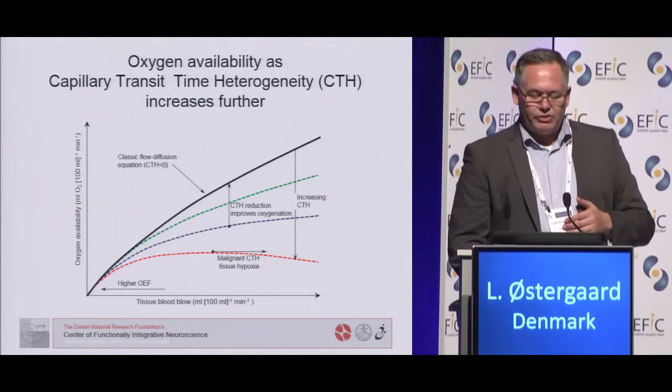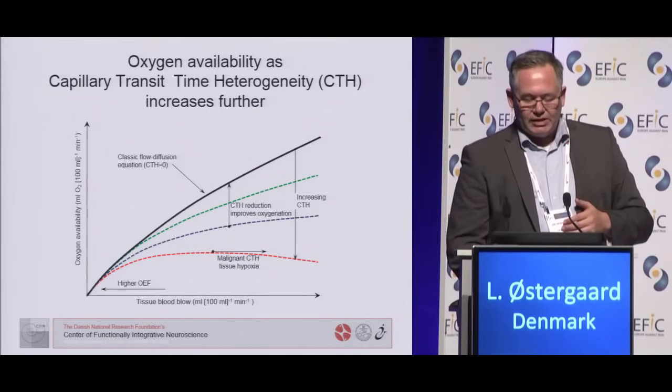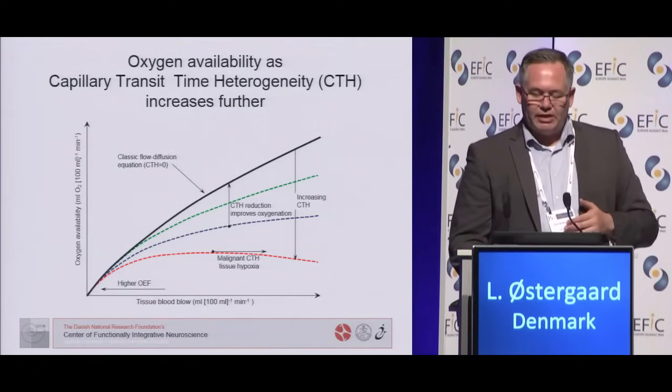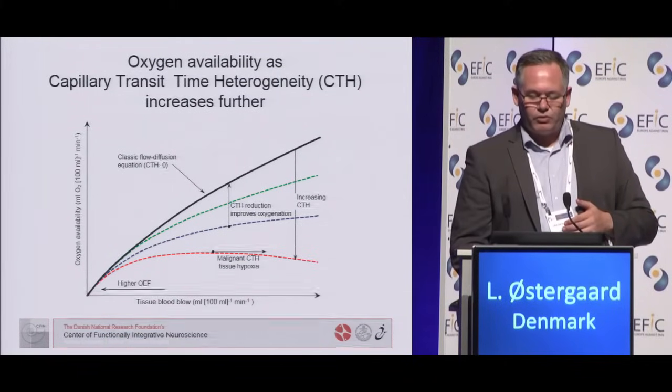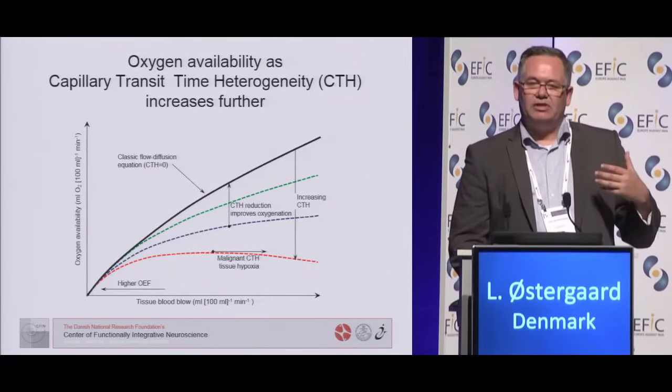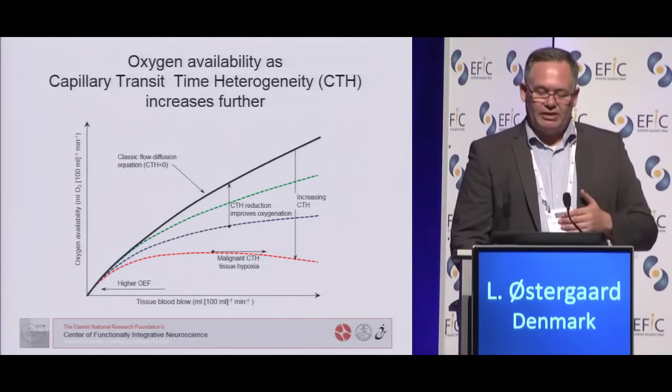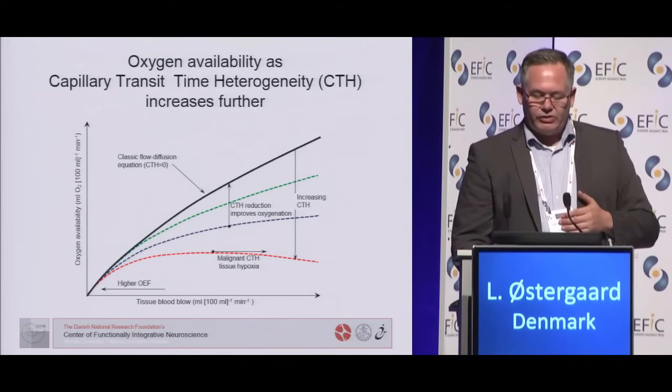If it becomes worse, you can see here, this is the flow-diffusion equation, the one that's in our textbooks, and these lines are what increasing disorder in the capillary flows does to it. So the oxygenation is much lower for a given flow than we would expect, simply because of this functional shunting, if you will, in which some blood and its oxygen escapes the microvasculature. So the higher that is, the lower the oxygenation.